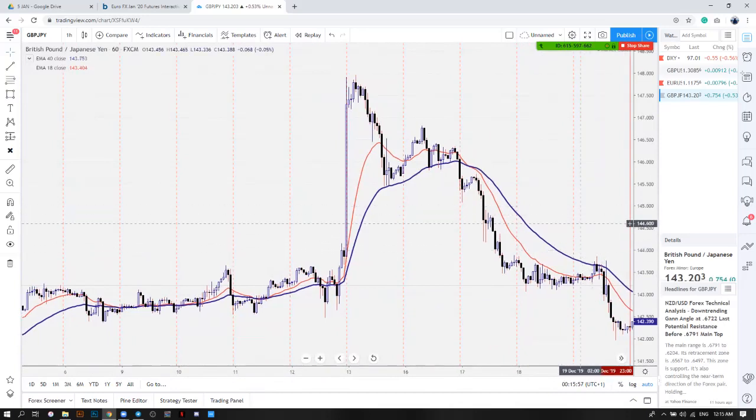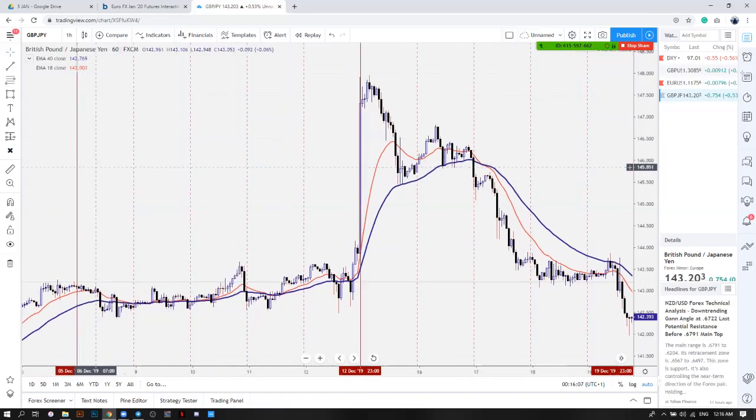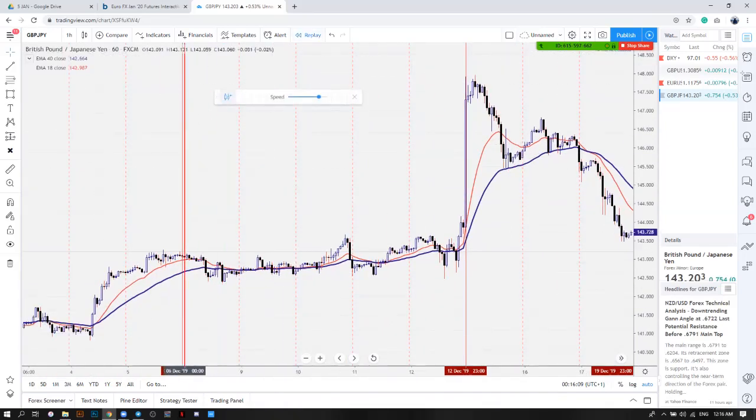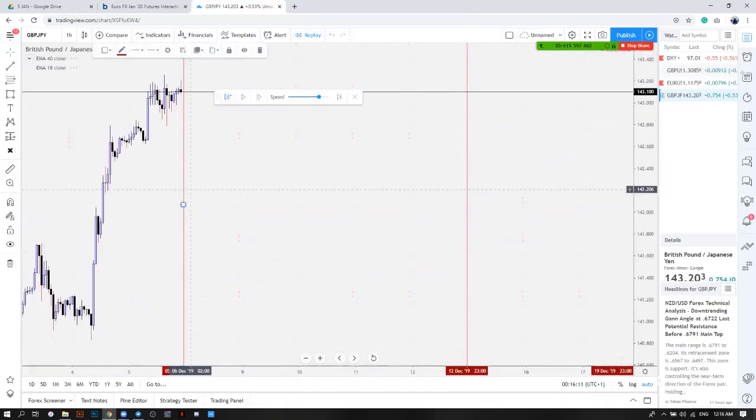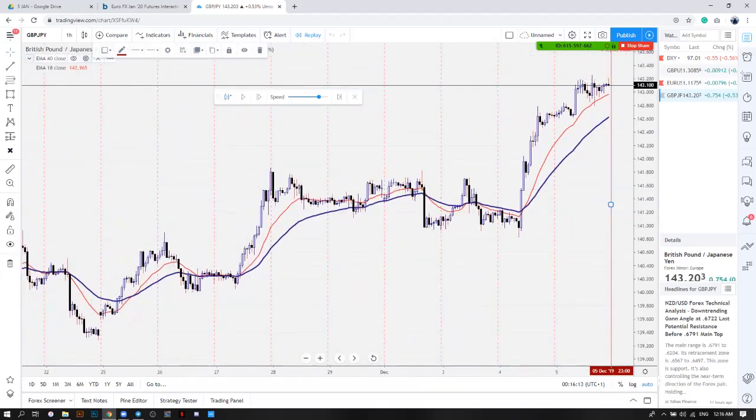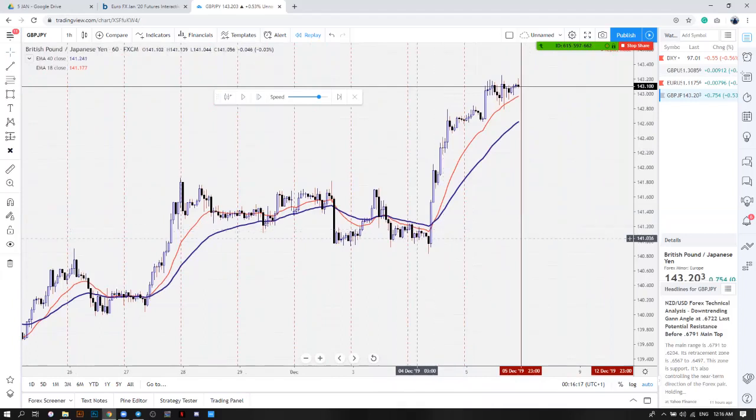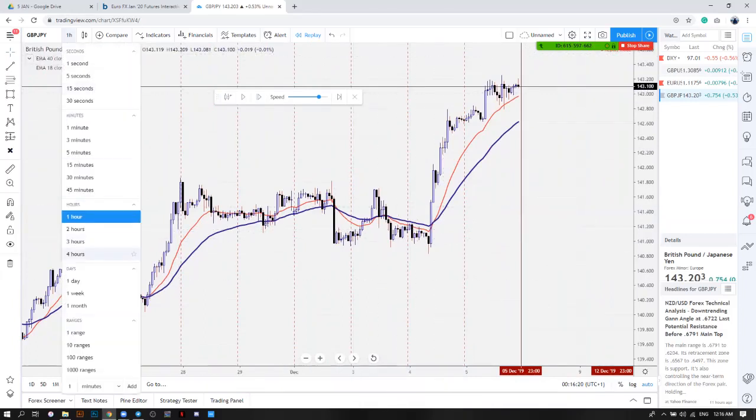Remove that. 1, 2, 3, 4, 5. Boom. So replace right around there. Okay, so this is Friday, last 3 weeks.